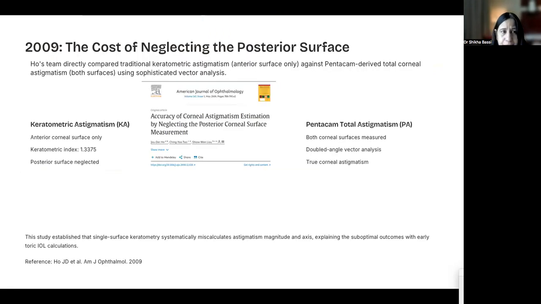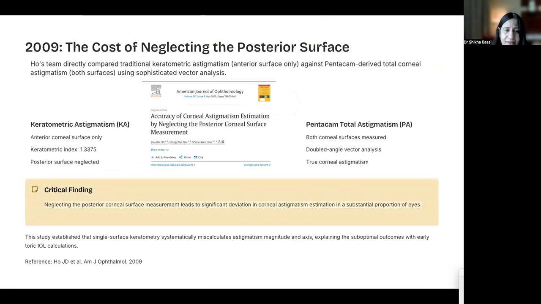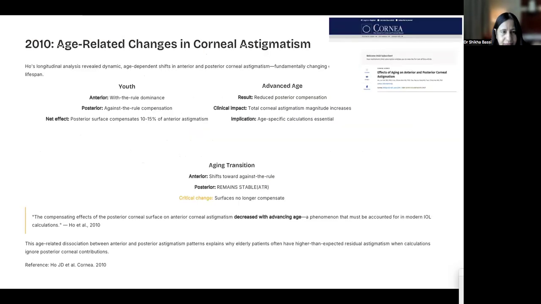Now, the same group in 2009 said that we cannot neglect the posterior surface, and if we neglect the posterior corneal surface measurements, it can lead to significant deviation in the corneal astigmatism estimation. This was the first time this paper was published in AJO by the same group.